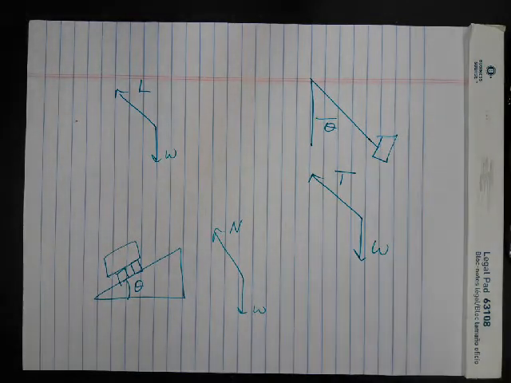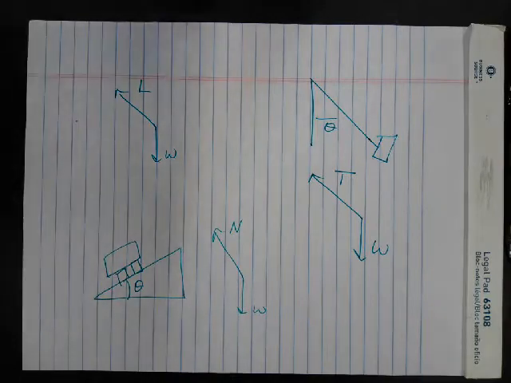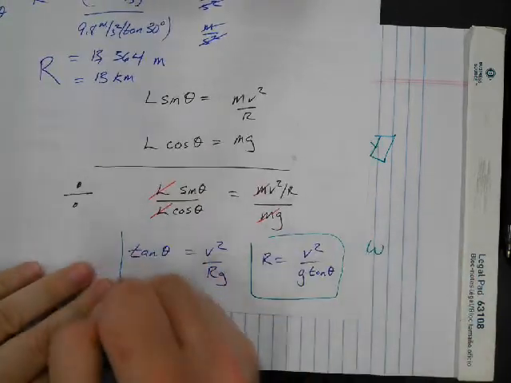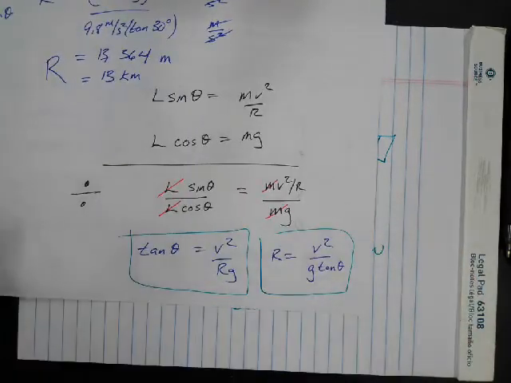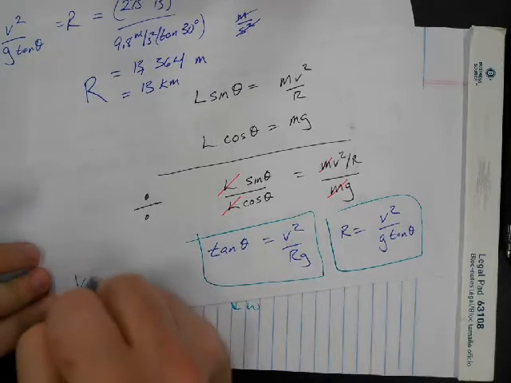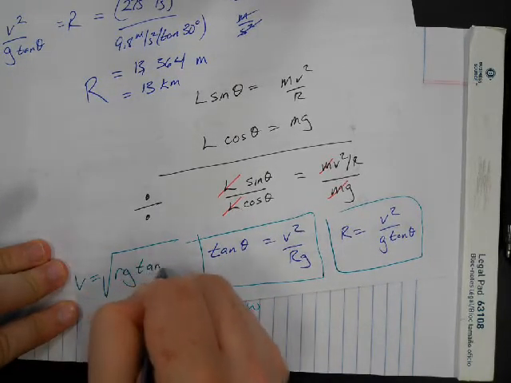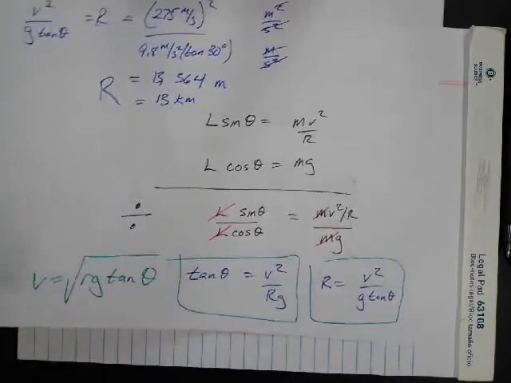And obviously it takes your money, but if you have a free body diagram like this, it's going to have a formula that looks like something like those. Or maybe V is square root RG tan theta, maybe something like that.